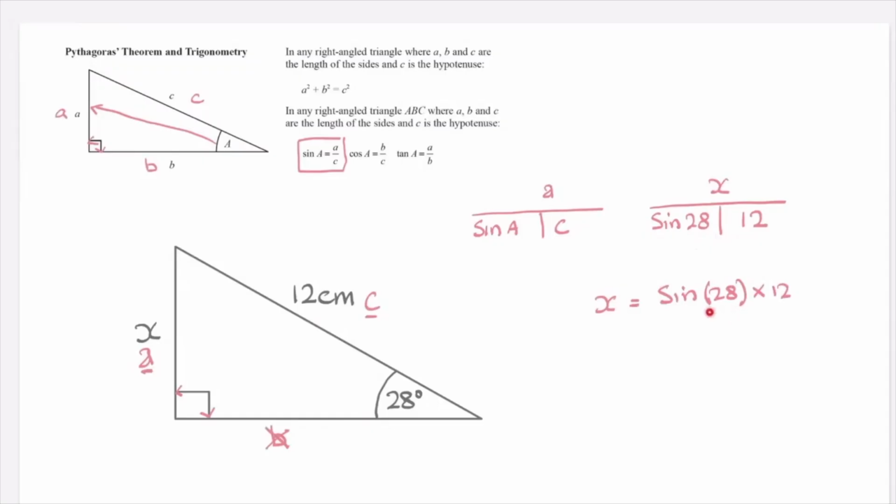Your calculator is going to automatically open the bracket. If you don't close it, you will end up doing 28 times 12 with your sine, and that will give you a completely different result. So we don't want to do that. So you throw that into your calculator, and that is your result.